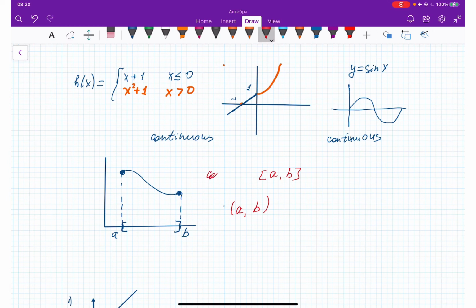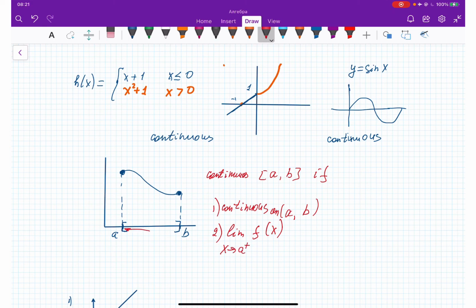So continuous on the closed interval a and b if continuous on open interval a, b, and condition number 2, when limit f of x where x approaches a from the positive side equals f of a, and indeed it's going to be equal f of a, this point.